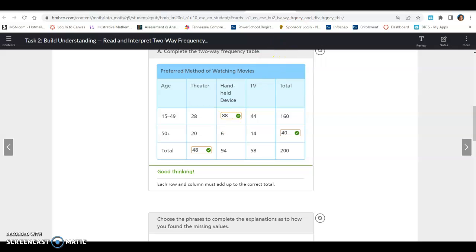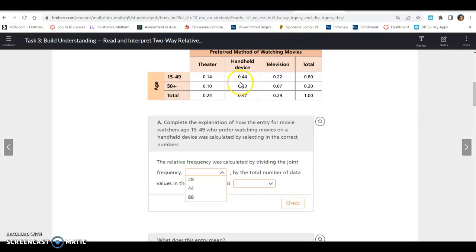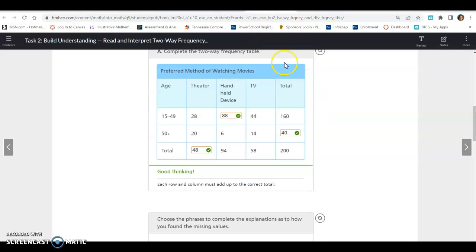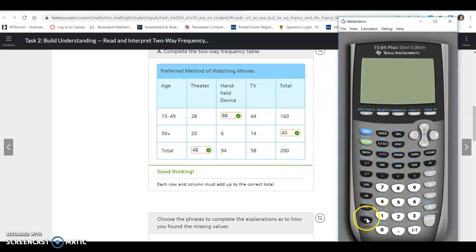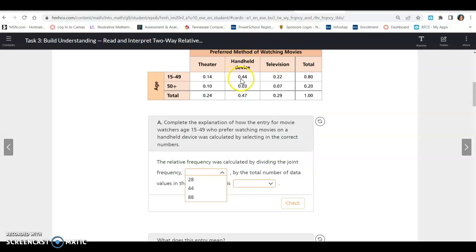That was the 88 that we filled in. So we do 88 divided by 200, and you get the 0.44. So we divided 88 by the total number of data values, which is 200.